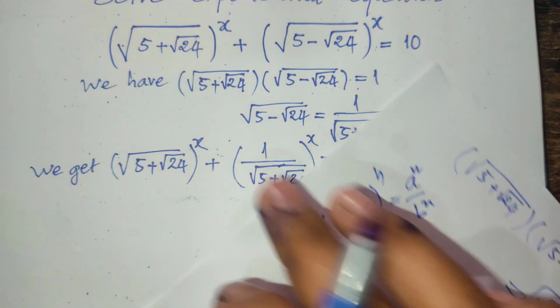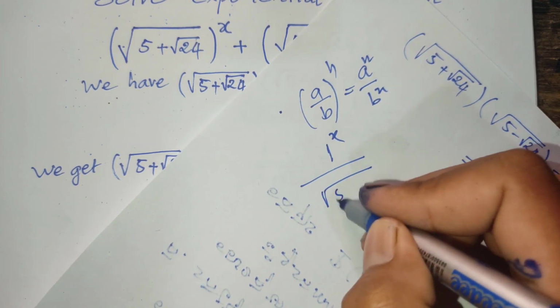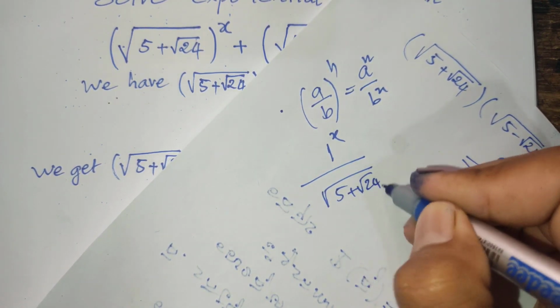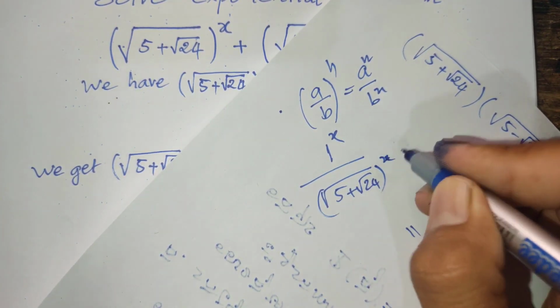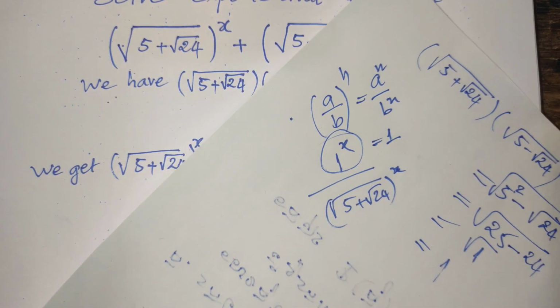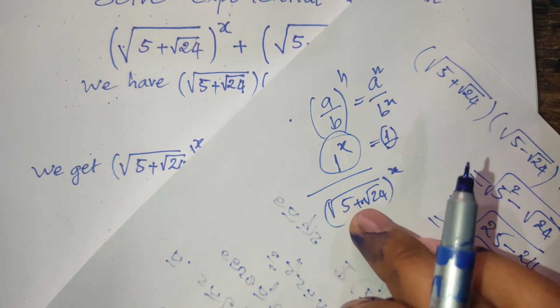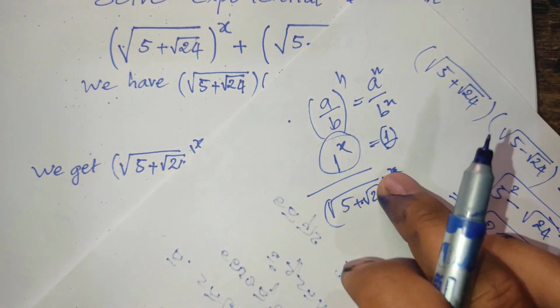So this is 1 power 8 divided by (square root of 5 plus square root of 24) all power 8. But 1 power 8 is equal to 1, so it is 1 divided by (square root of 5 plus square root of 24) all power 8.